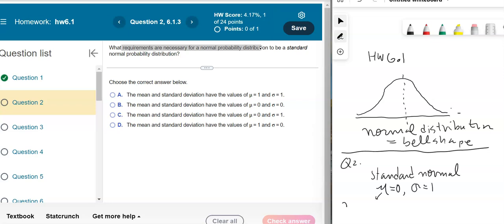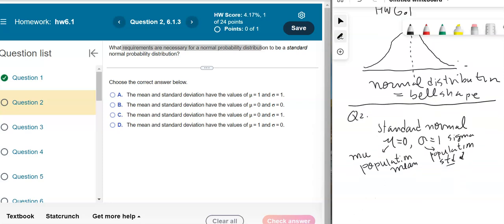This is called mu, the population mean. Remember, we don't use average, instead mean. This is called sigma. Sigma is called population standard deviation, population STD.